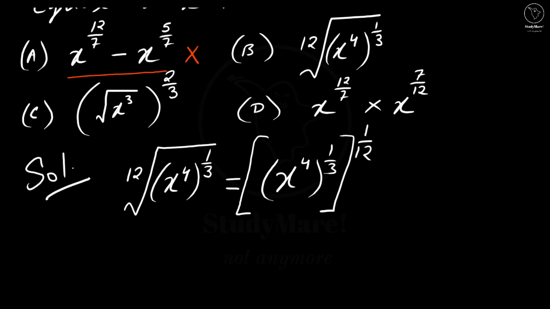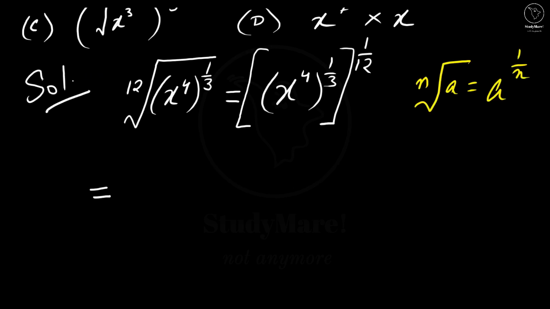Why? Because nth root of a is equal to a to the power 1 by n. We have used this identity. This can be written as x to the power 4 into 1 by 3 into 1 by 12.